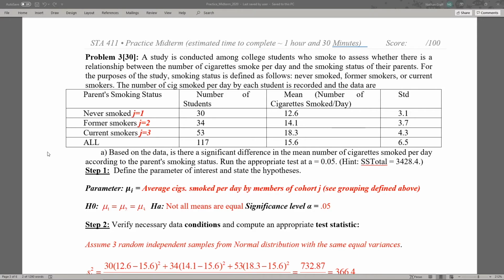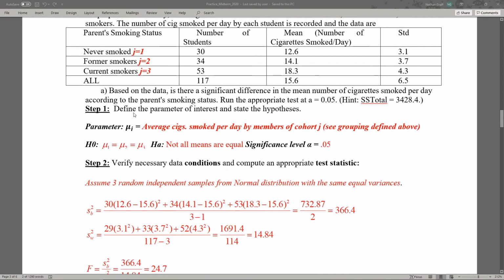So on our first question, we are asked to determine whether there's a significant difference in the mean number of cigarettes smoked per day according to the parent's smoking status. And we're going to be running this analysis at the 5% level. The first step in the analysis is to define our parameter.